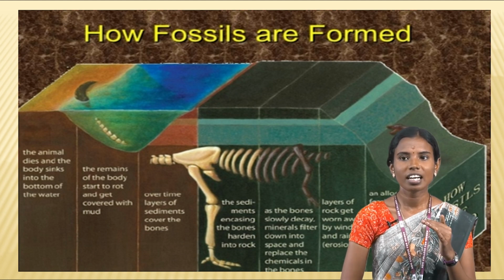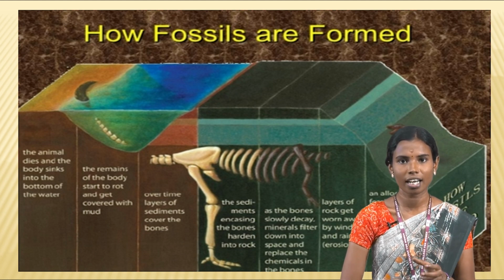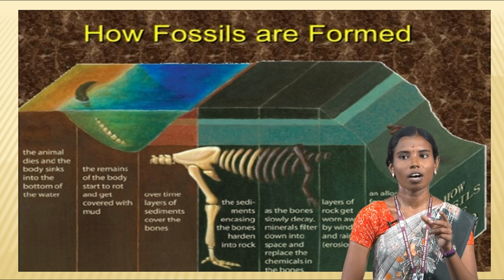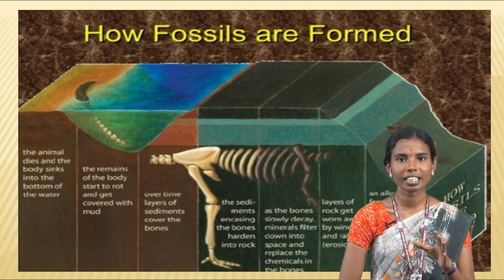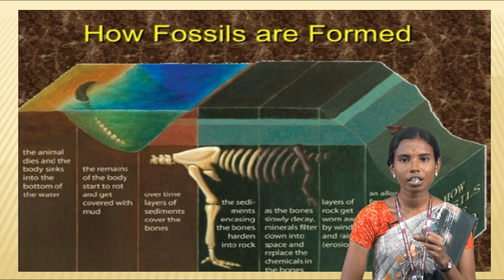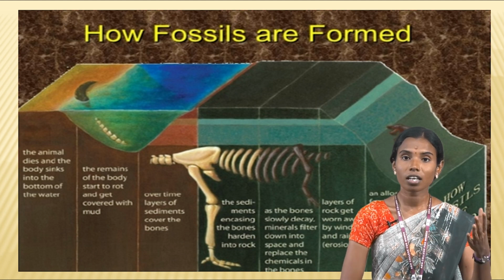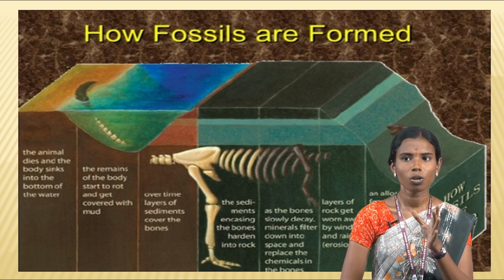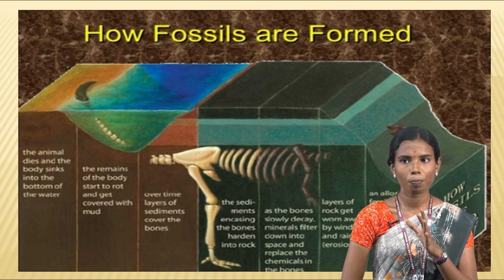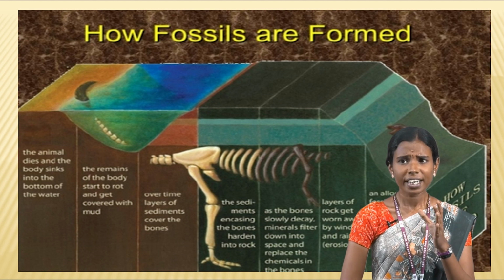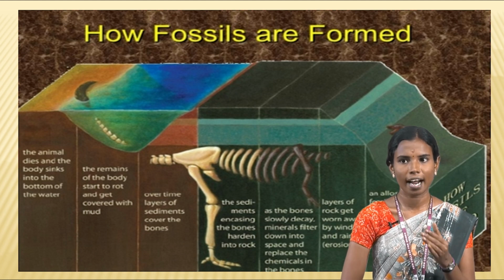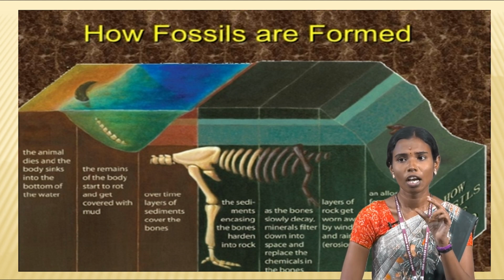Over time the layers of sediment cover the hard parts like bones or teeth. Then the sediments encasing the bones harden into rock. Then as the bone slowly decays, the minerals filter down into the space and replace the chemicals in the bones.